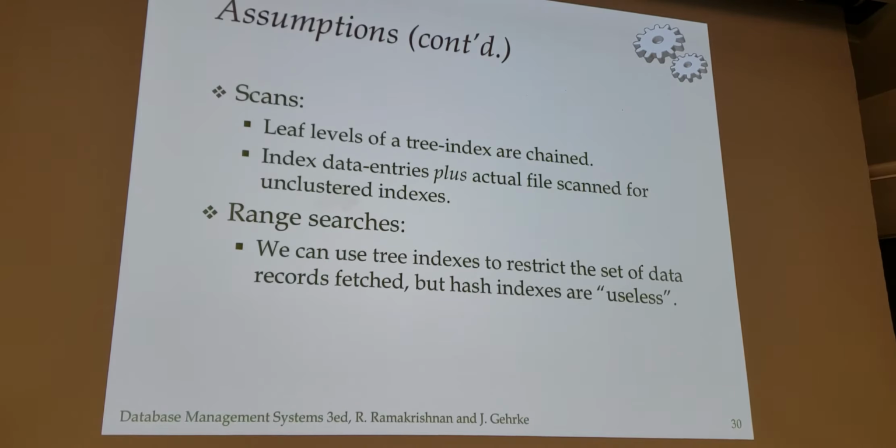So there are always going to be two costs involved in what I'm doing. Find the data using the index, if there is an index. Find the RIDs. And then use the RIDs to get the data. So again, when I'm using an index, two costs. Use the index to find the matching RIDs. Use the RIDs to get the data.